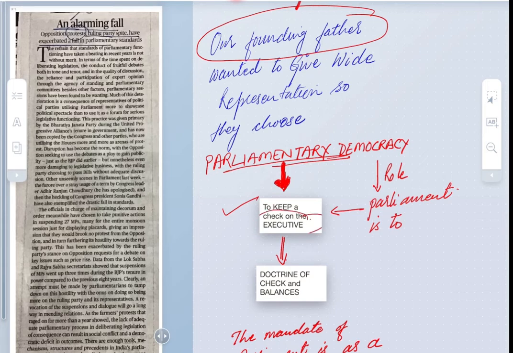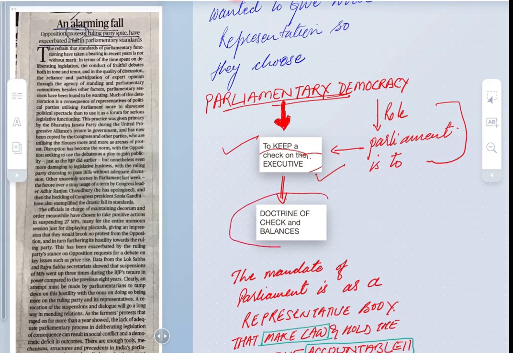So the role of Parliament is to keep a check on the executive, which is also called the doctrine of checks and balances. So we can say that there is legislative supremacy instead of executive supremacy.